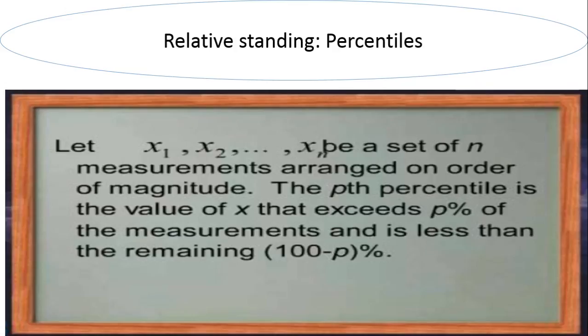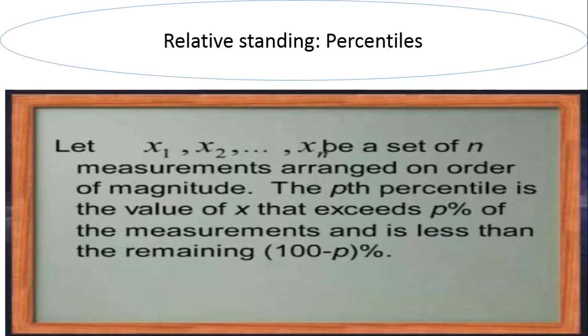The pth percentile is the value of x that exceeds p% of the measurements and is less than the remaining 100 minus p%. So that's the percentile of our sample.